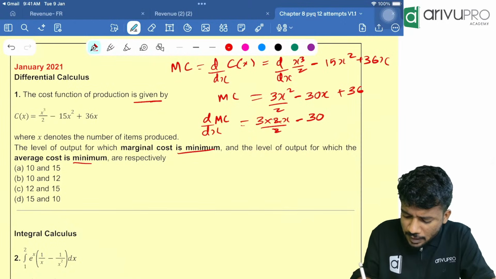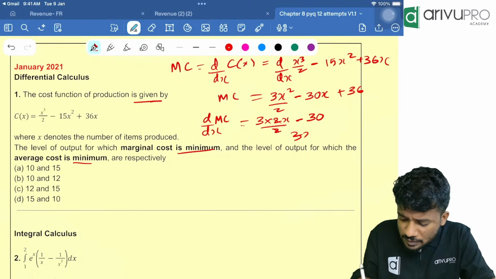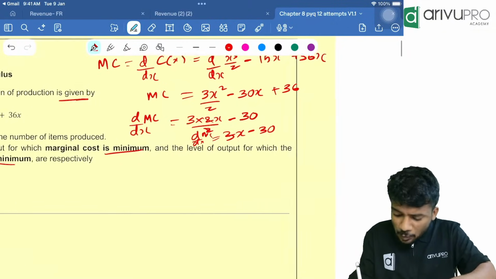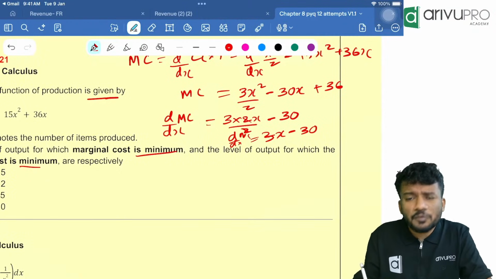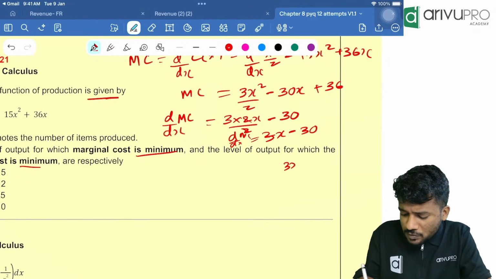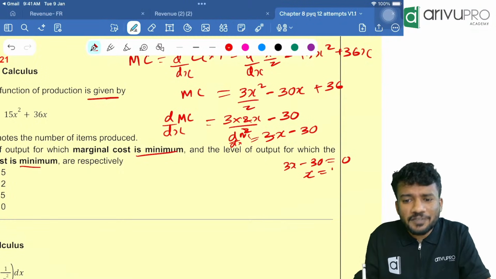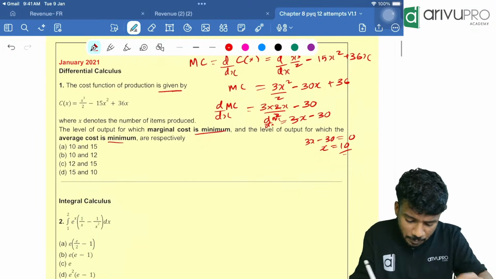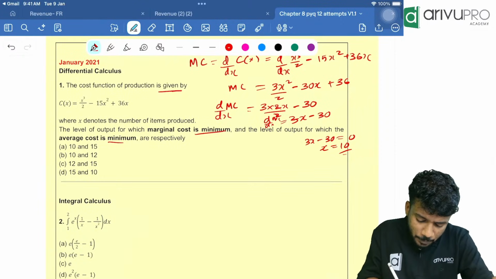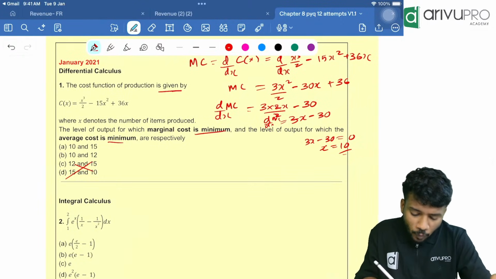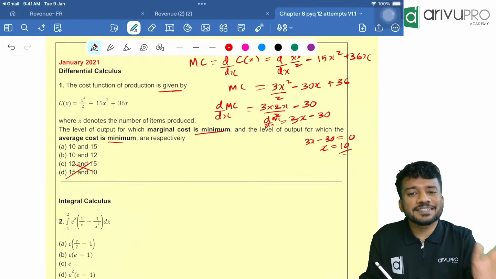The 2 cancels, so 3x minus 30 is equal to d by dx of marginal cost. We need to equate it to 0. That means 3x minus 30 is equal to 0, x is equal to 30 by 3, which is equal to 10. Looking at that, for marginal cost, either it can be option A or option B. Options C and D are wrong.